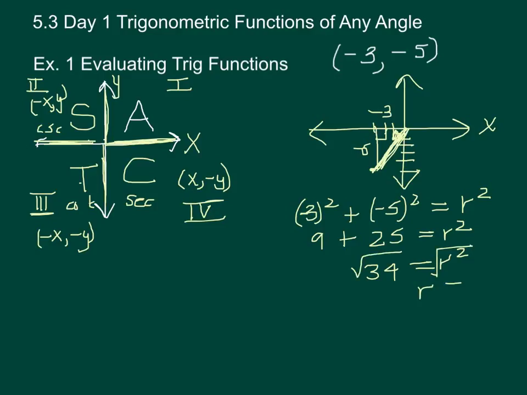So we're going to get R is the square root of 34, that's your hypotenuse. And your radius can't be negative.